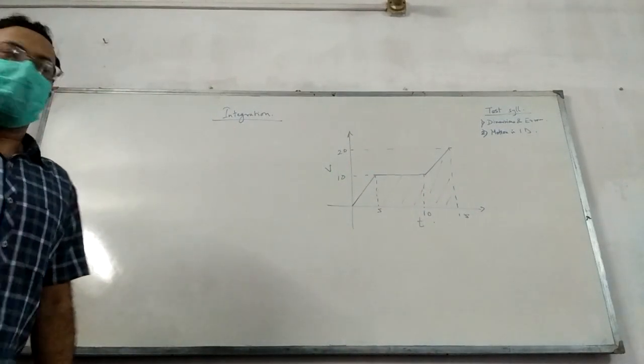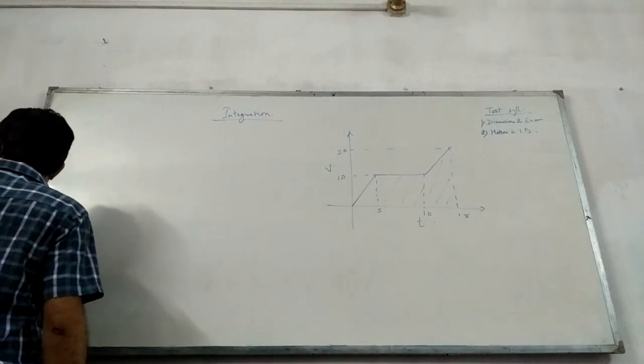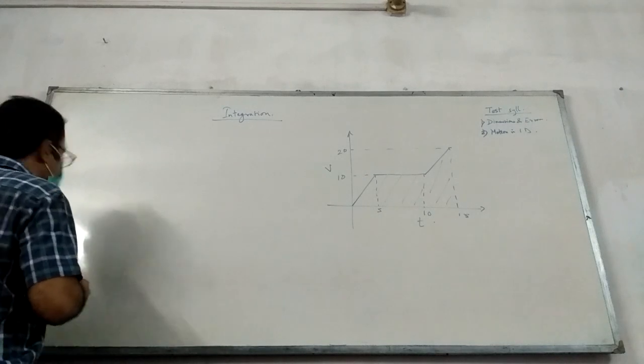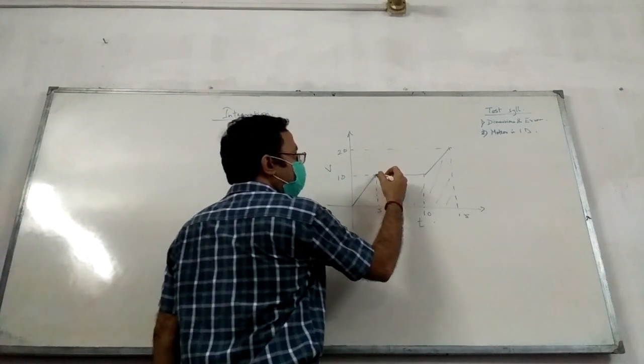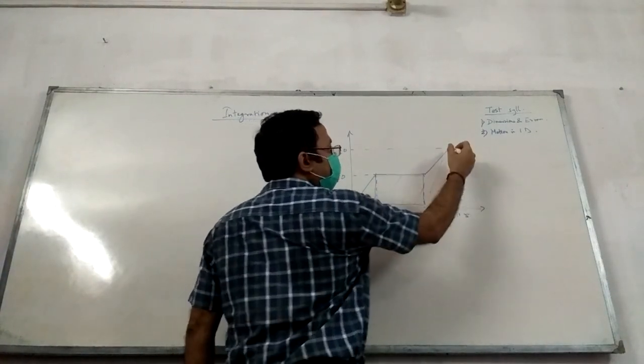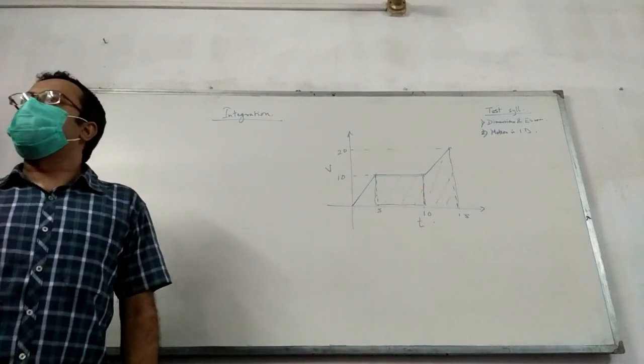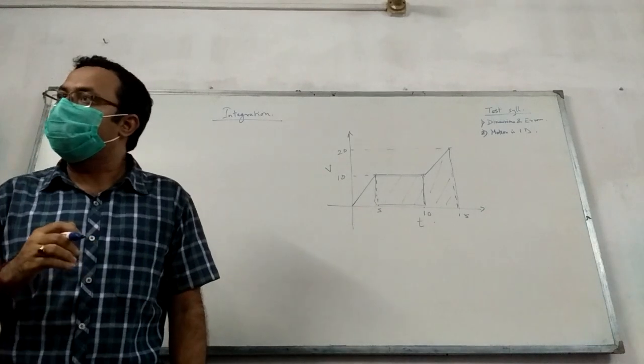But what happens if you need this area? You can find it out very well, because you know those shapes: this shape is a rectangle and this shape is a trapezium. So you can find out the area because you know the geometric formula.